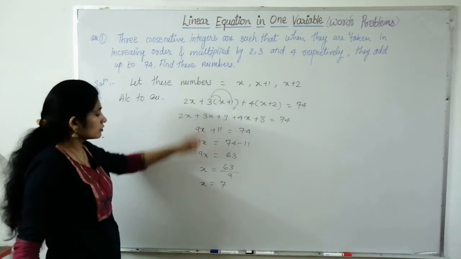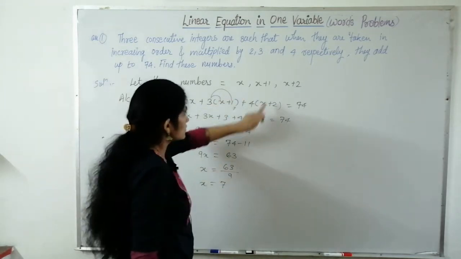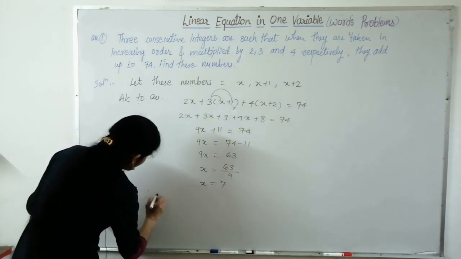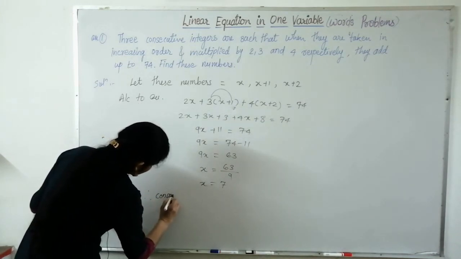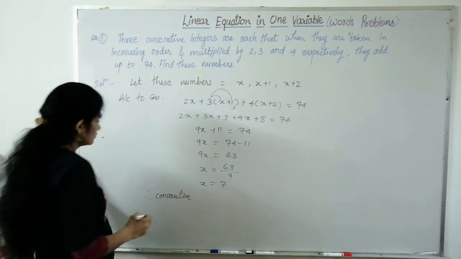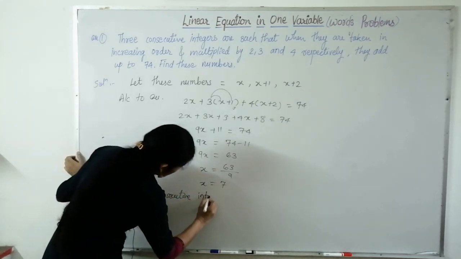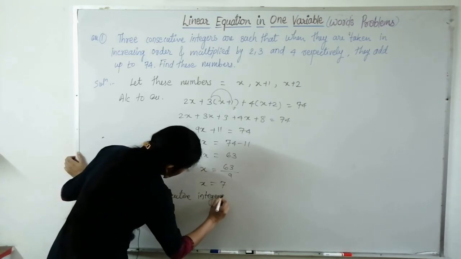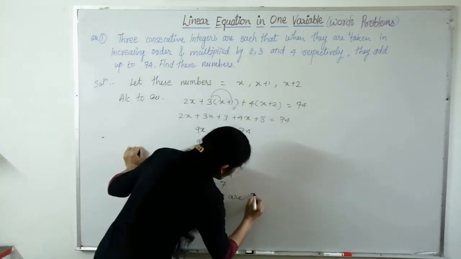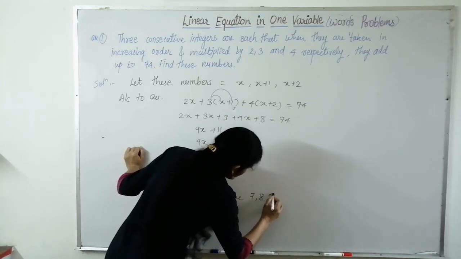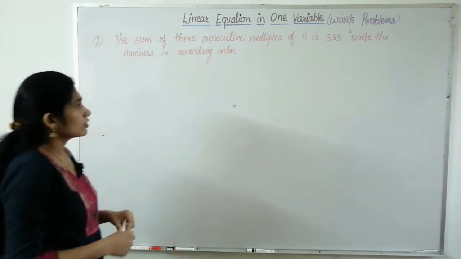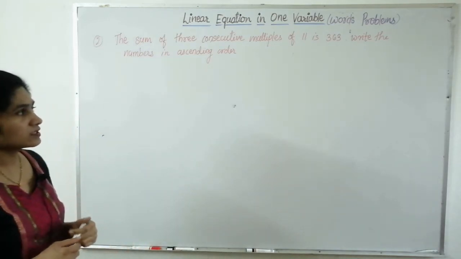Therefore, these consecutive numbers are 7, 7 plus 1 is 8, 8 plus 1 is 9. Okay, therefore the consecutive integers are 7, 8 and 9.